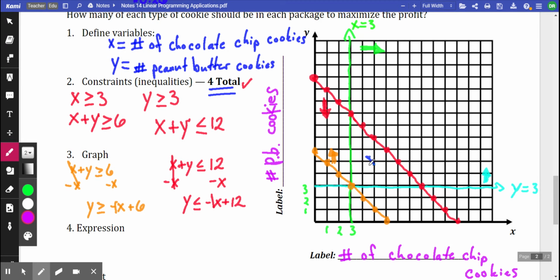If we look inside this area, there is a triangular shape, and this triangle is bordered by the red line, it's bordered by the blue line, it's bordered by the green line, and it also just barely includes this orange line. And this is the only area on this graph that contains all of these lines that we graphed. So this is what we call the feasible region, and this is where we shade. Okay, so I'm going to shade this area, this triangular area.